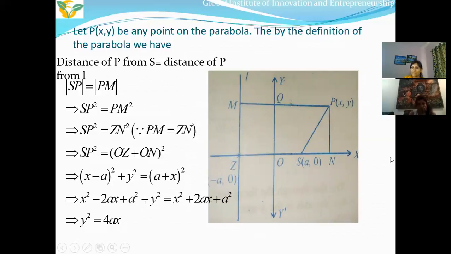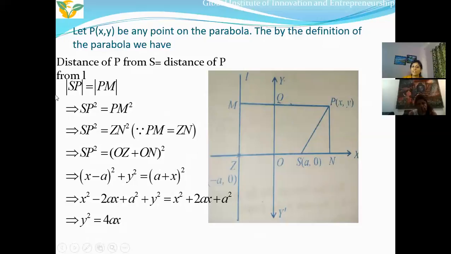So P of x comma y be any point on the parabola, then by the analytical definition, the distance of P from S is equal to the distance of P to this particular line L. So PS by PM is equal to 1, because the eccentricity is equal to 1.